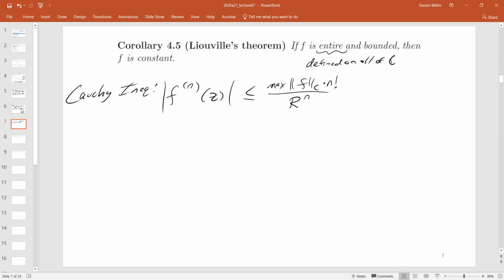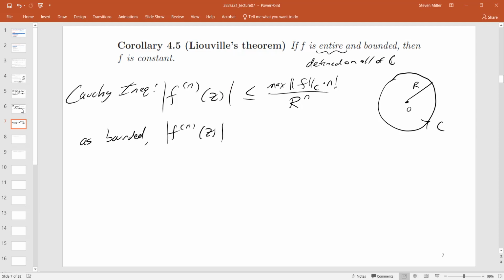I don't really care about the n factorial because that's fixed. Here's the origin, here's my radius r, here's my curve C. Because the function is bounded, I know the sup norm is at most some fixed constant b. So the nth derivative is less than or equal to b times n factorial over r to the n.